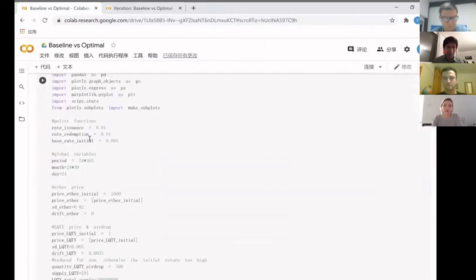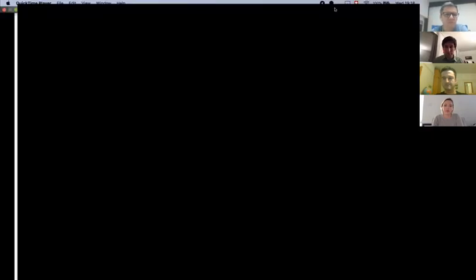So in the baseline scenario, we have 1% issuance fee rate and 1% redemption fee rate. In the second scenario, the alternative approach, we have 50 basis points, 0.5% fixed rate for both issuance fee rate and redemption fee rate. And then we add a component that is proposed in the white paper.